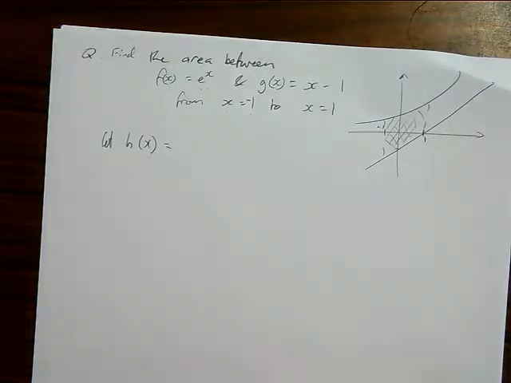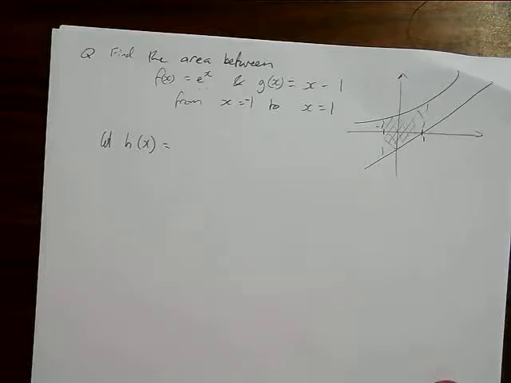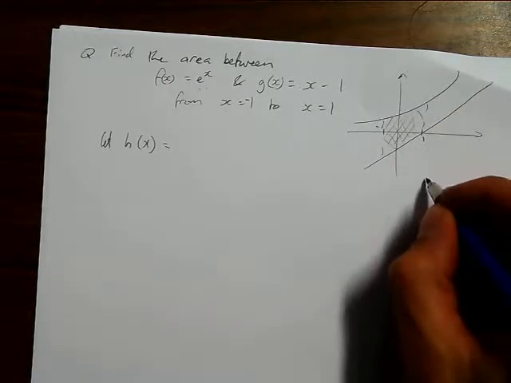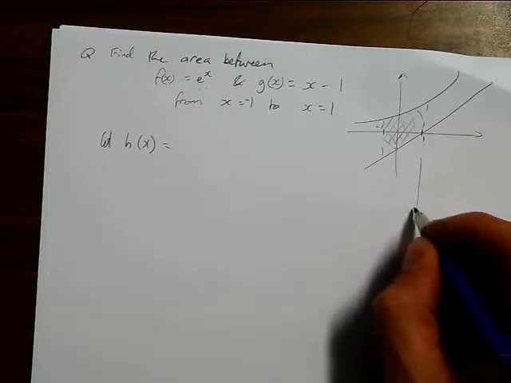So let's find out. So actually, I'll just say, it doesn't matter which way we go. So we could go f of x take g of x. We could go g of x take f of x. The issue we're going to have, okay, if we just choose one at random, is that for one of them, I'll do another little diagram here while I'm doing this explanation.